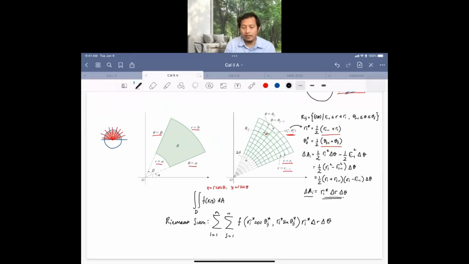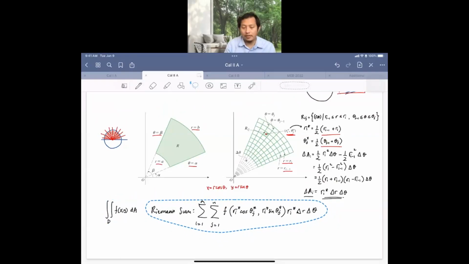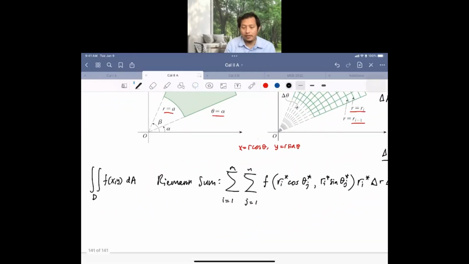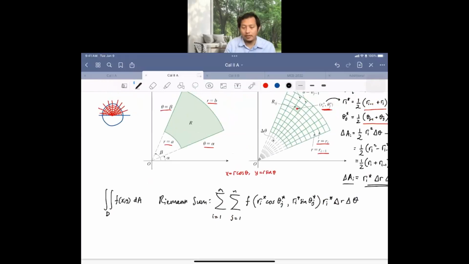Now we could write, we take this a little bit to the left here. If we have a function g, here we have function g. If g is a function of polar, then we could write g as f.